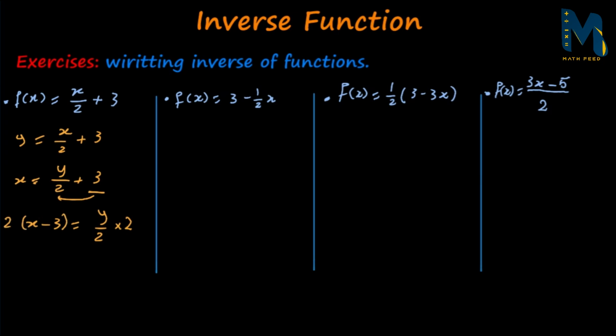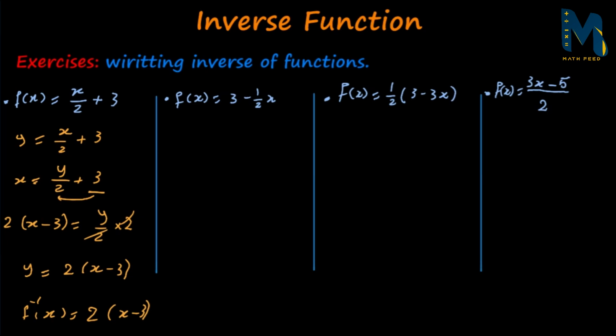It will be y equals 2 multiplied by x minus 3. These two will cancel. So we change y to f inverse of x equals 2 times (x minus 3). This is how we solve it.